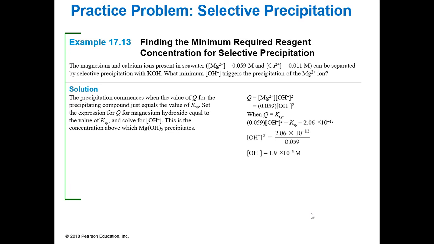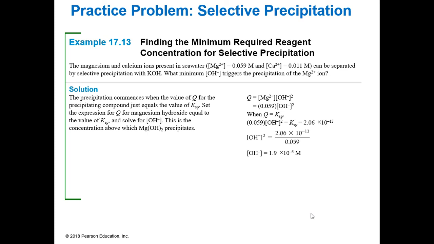So what we need to do, we need to write the magnesium hydroxide expression, because that's what we want. We want our KOH, right? We want the hydroxide to combine with the magnesium to give us a precipitate. So we're going to write our Q equals magnesium times our hydroxide raised to the second power.